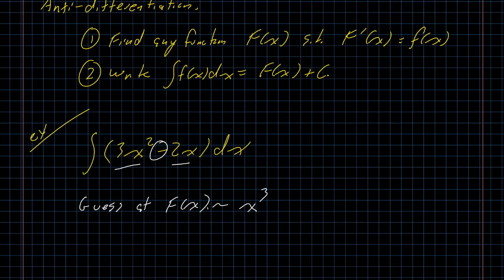To get something involving an x, I probably want something involving an x squared. And again, I know that if I add any constant to this, it's not going to change anything. So I'm going to include that plus c now.